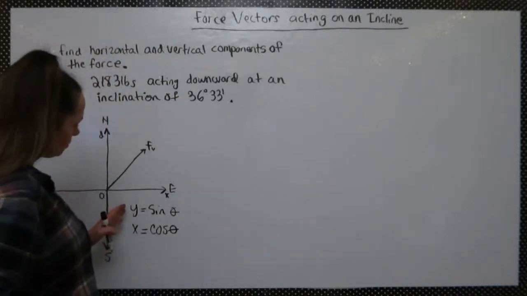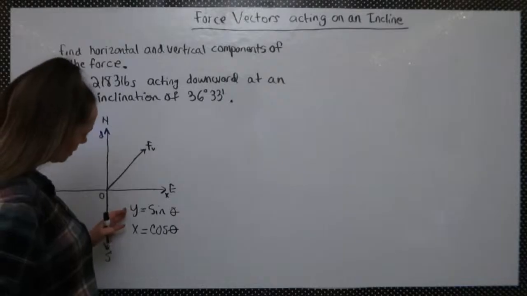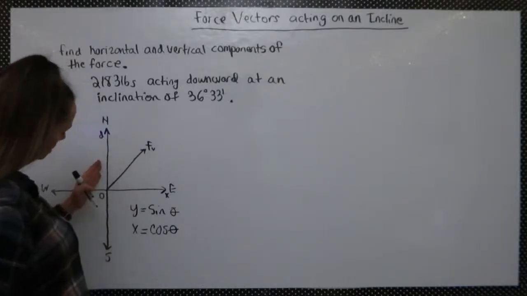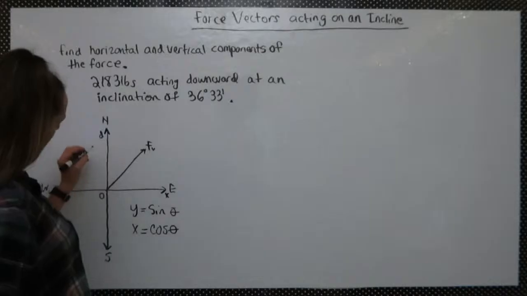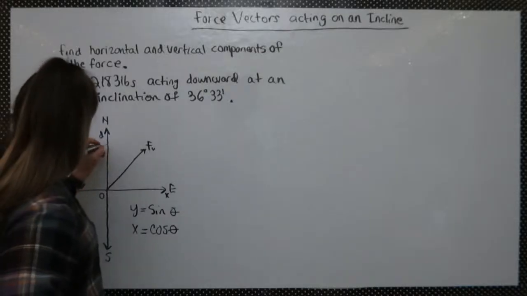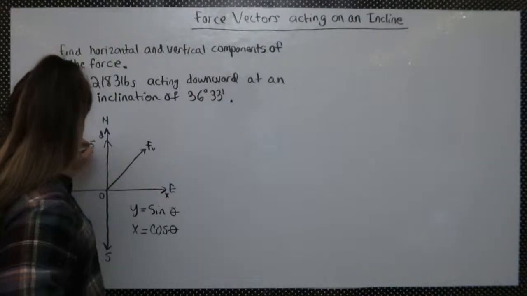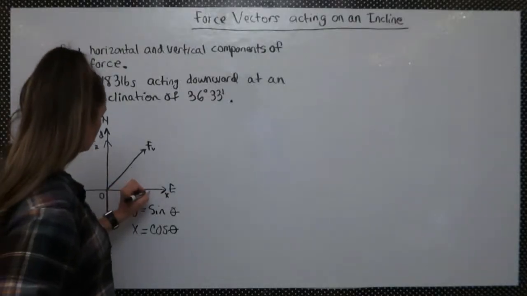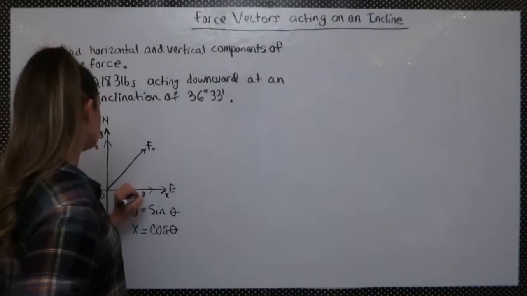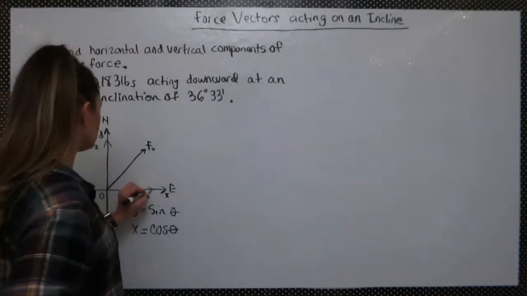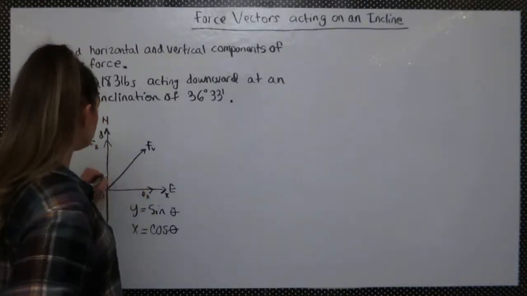So we have the vertical and the horizontal component here. But what happens is, let's go ahead and name these vectors here. This would be F sub y, and this one would be F sub x, for your vector components.